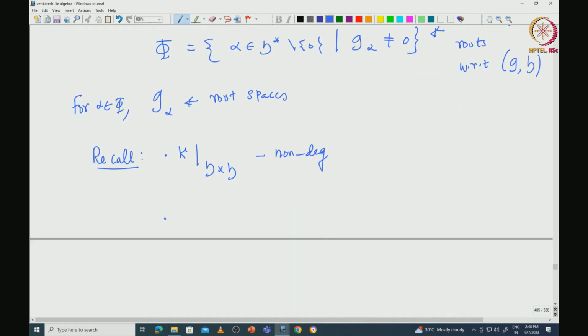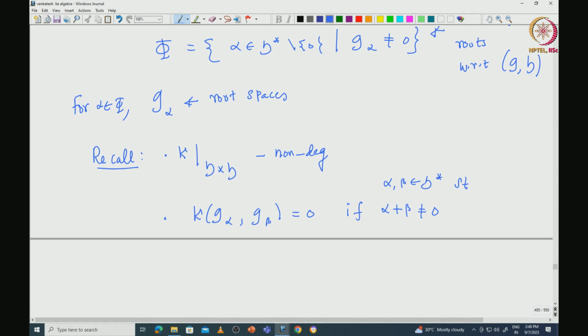We also proved something more about the orthogonality relations between these root spaces with respect to the Killing form. If we take kappa of G alpha and G beta, that will always be 0 if alpha plus beta is non-zero. So, you take alpha, beta inside H star such that alpha plus beta is non-zero. Then G alpha and G beta must be orthogonal to each other.